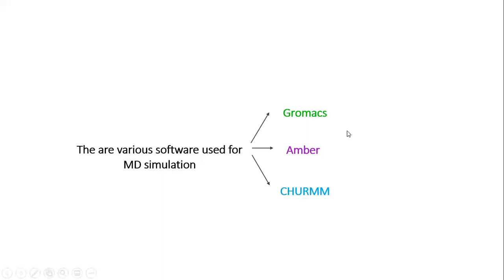You could simulate this kind of system in GROMACS, but you should use the Amber force field. I'm not saying that using the Amber force field in GROMACS software is not correct, but I mean it's more compatible to use each force field in the specific software it was designed for, okay?